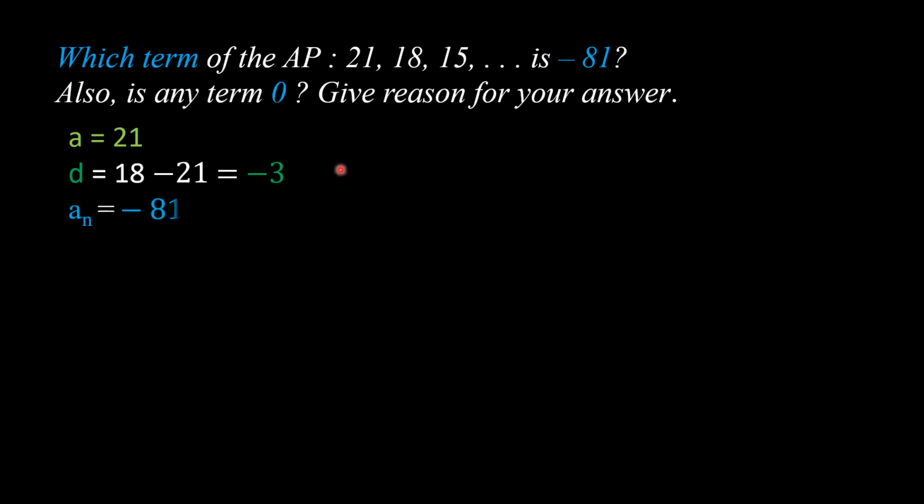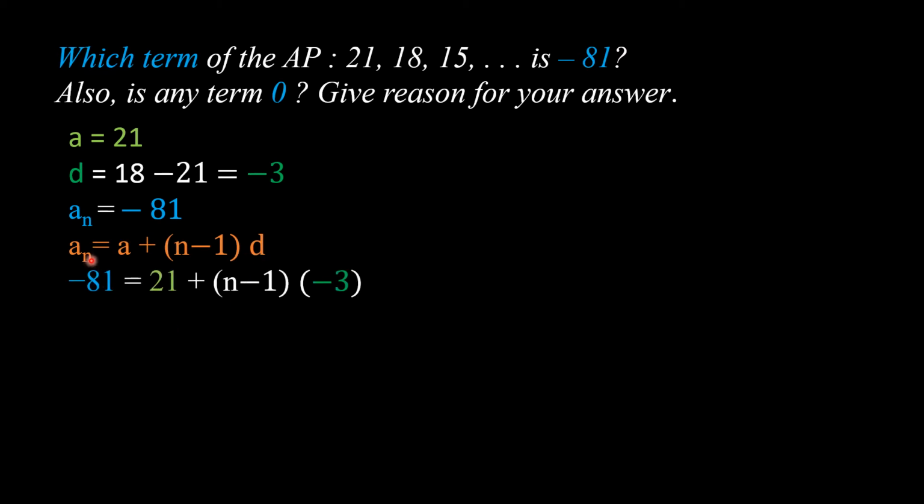So we write an equals minus 81. Now we have the nth term as an equals a plus n minus 1 into d. Now we will substitute the values. an is minus 81, a is 21, and n minus 1 into d. d is minus 3.